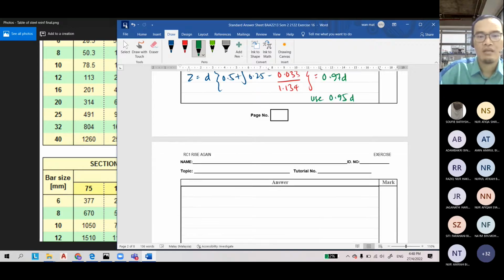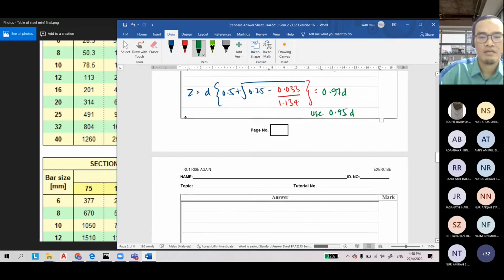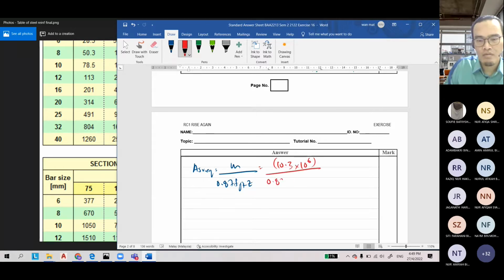Clear? And then AS required is equal to M over 0.87 FYK Z, equal to 10.3 times 10 to the power of 6 divided by 0.87 times 500 times 0.95 times 102. Please don't make the mistake here. And then what is the answer?